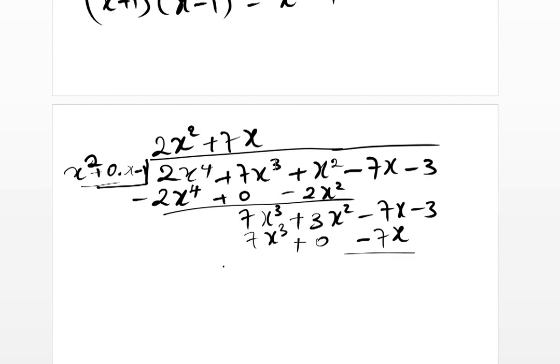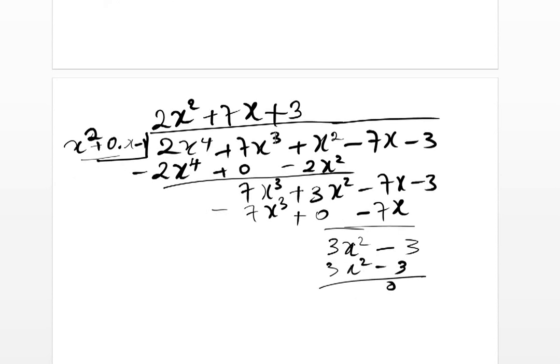When we go ahead to do that, this gives 0, this one gives us 3x squared, this one gives minus 3. 3x squared divided by x squared is 3, so we have plus 3. Multiplying gives 3x squared minus 3, which gives us 0 here.